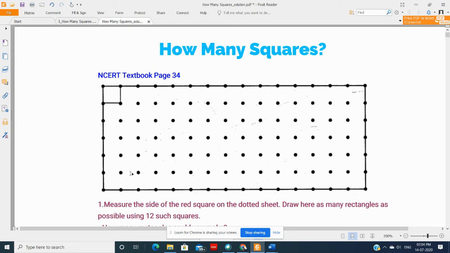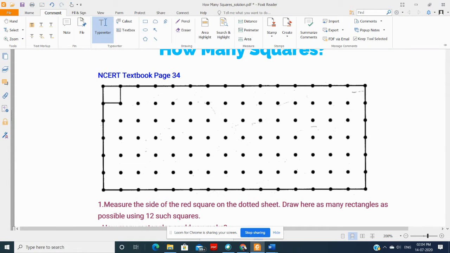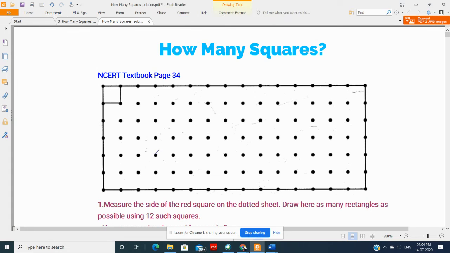Okay, so here we have to draw as many rectangles as possible, but using 12 squares, right? So this is very important. You have to draw rectangles, and using how many squares? 12 squares.